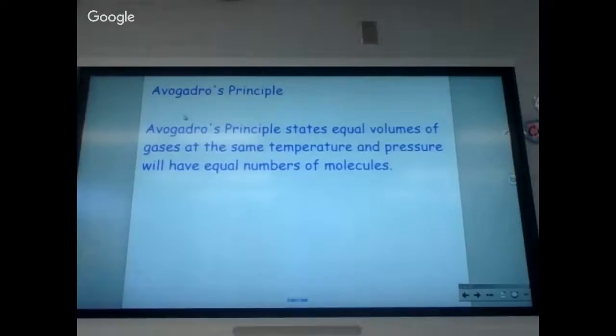Now, Avogadro is the same Avogadro we talked about way back at the beginning of the year. Okay? Avogadro's principle states that equal volumes of gases at the same temperature and pressure will have equal numbers of molecules. So, for the rest of the week, we will be using mass and moles.